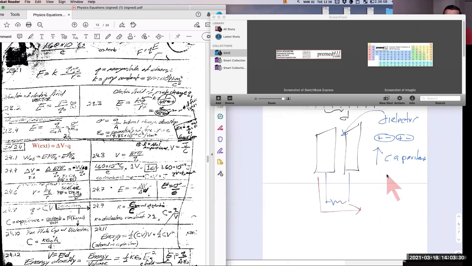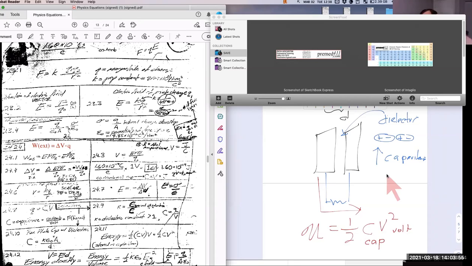So it turns out it does have potential energy, and we can define that as 1/2 CV squared, where C is the capacitance over here, and V is the voltage between the two plates. So you can take that energy and you can release it.